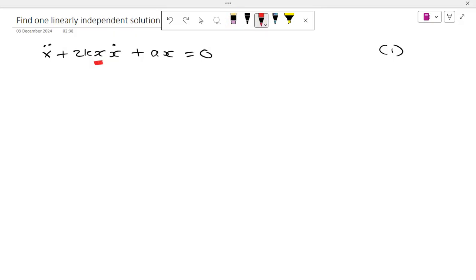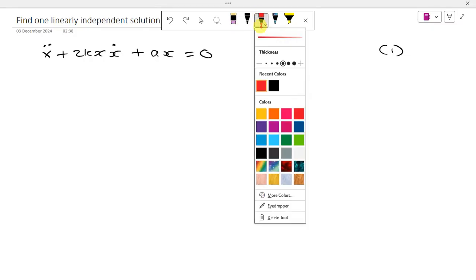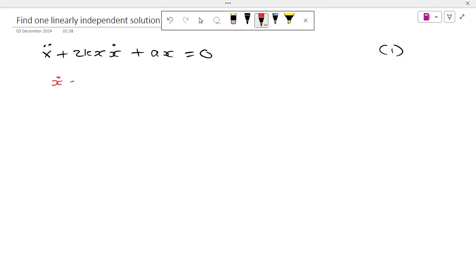So how do we go about solving this equation? Well, what we say is, we let x dot, which we know is dx by dt, equal v, or nu, or whatever you want to call it.